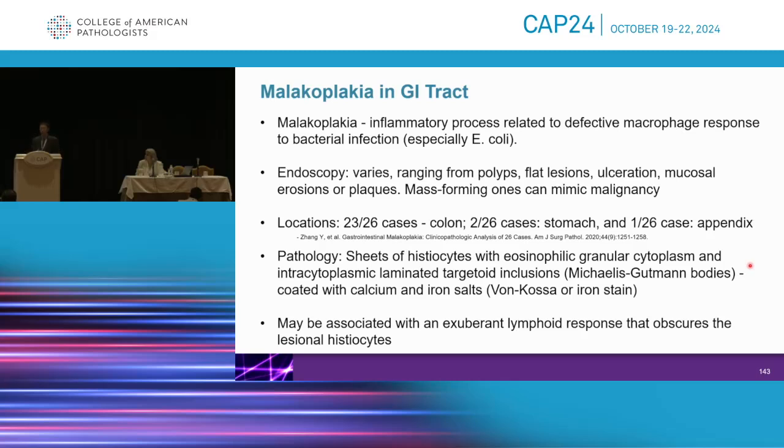But do we really need it in daily practice? Generally, we don't. If we see it, we can call it. But in academic places, we show the residents and the trainees, so we often do the stains. Sometimes we confirm it ourselves, right? We do the stains. And as I mentioned, it may sometimes be associated with a lymphoid aggregate and can mimic a lymphoid aggregate.